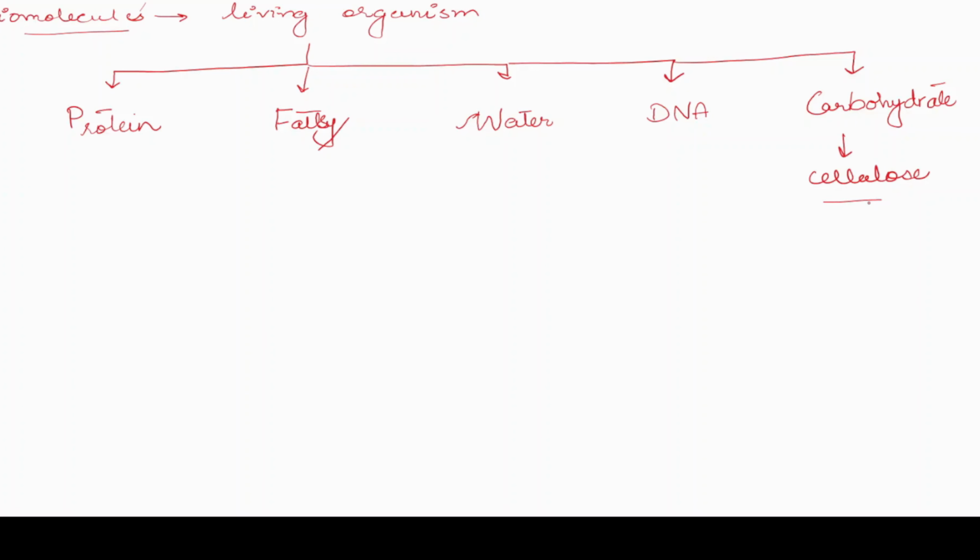So plants need carbohydrates because their cell wall is made up of cellulose, which helps in making a rigid structure around the cell. It protects the cell. We have learned about osmosis. When osmosis happens, a plant cell cannot burst since it has cellulose. So it's a very rigid structure.